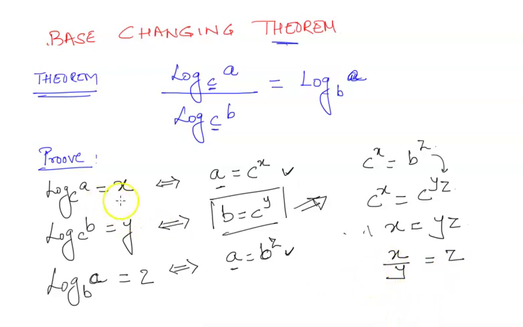Right, now substitute the value of x, y, and z. That will give me this equation, which is what we call the base changing theorem. This theorem would be very helpful in solving many log problems. But let's understand this theorem better by solving one simple problem.